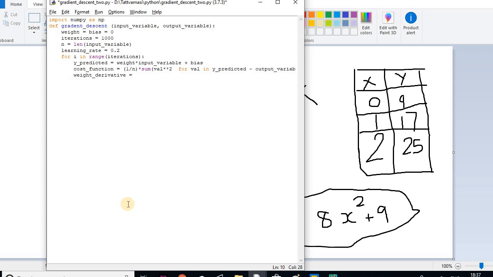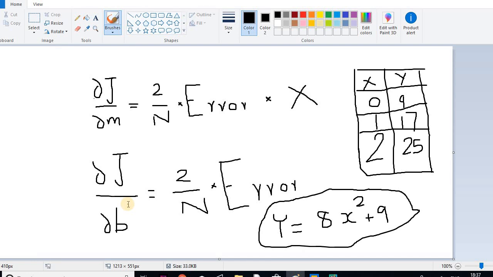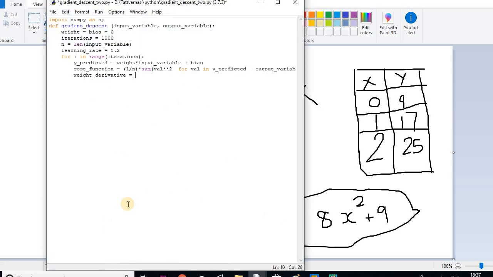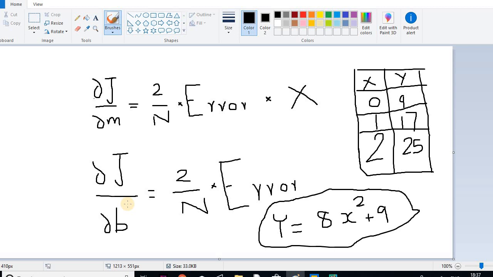So weight_derivative is equal to, see this formula, 2 by n. I didn't put the sigma there, but here we have the summation sigma, the sum.